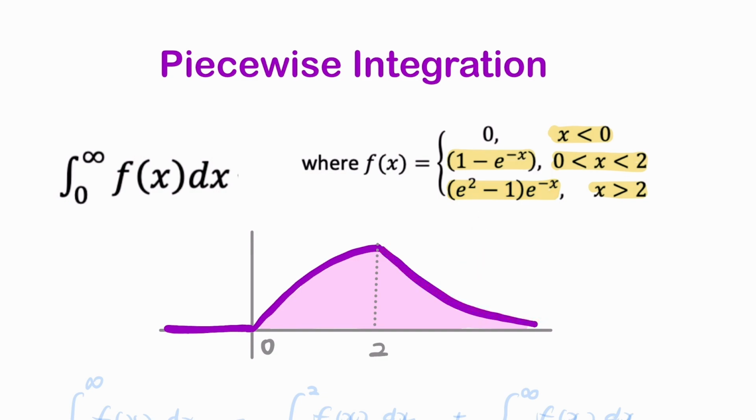So e squared minus 1, that's just a constant, and it's multiplied by e to the minus x, so that's a decaying exponential.